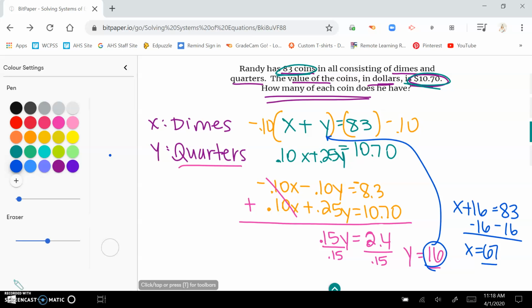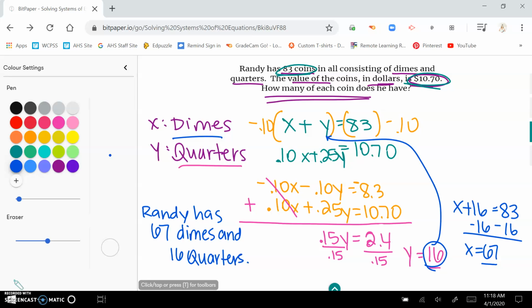So that means I have 67 dimes. Then you can write your sentence. Randy has 67 dimes and 16 quarters.